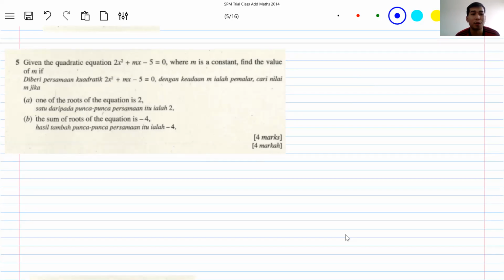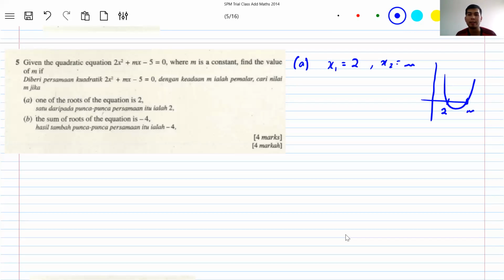This question, 5a, they want to find the value of m. One of the roots, x1, is equal to 2. There might be another root, but it's not given. Remember again, what are roots? Roots are where the curve touches the x-axis. So if x is equal to 2, here is 2, and here might be another root.